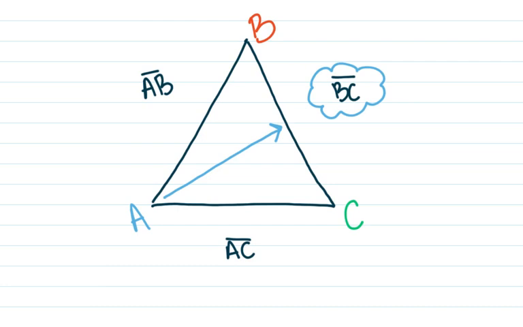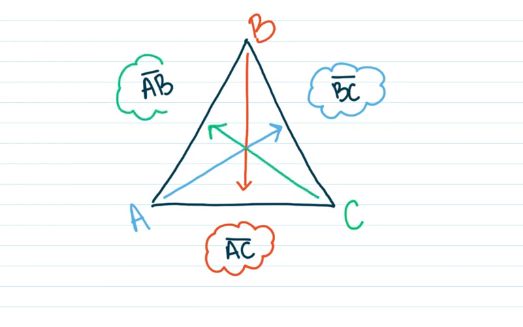For angle B, the opposite side would be AC. So again, there's a relationship between angle B and AC. And the opposite side for angle C, of course, is side AB.